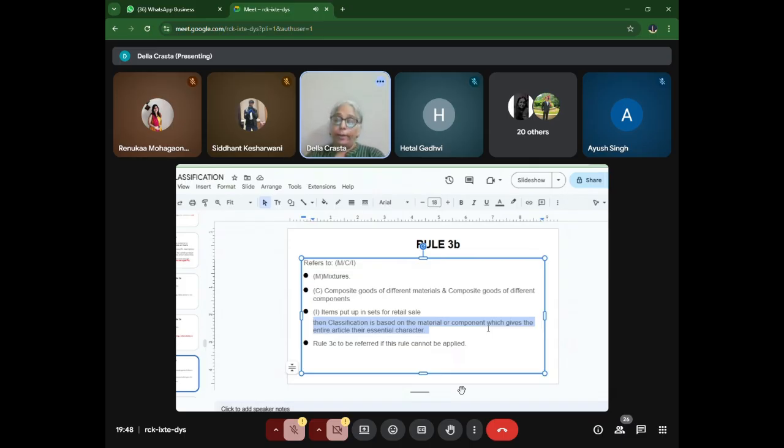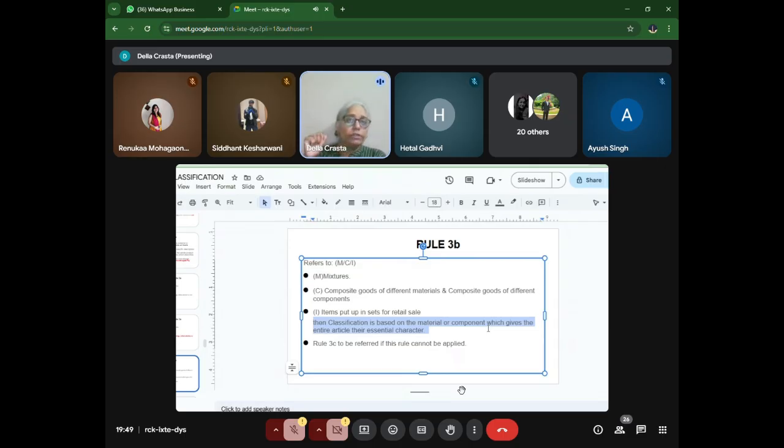Okay. Now here 3B is also saying something similar, but it is not telling you about the portion or proportion, because here it is telling you which material or which component is giving the identity to the whole article, or giving the entire article its essential character. So what kind of items are we talking about over here?